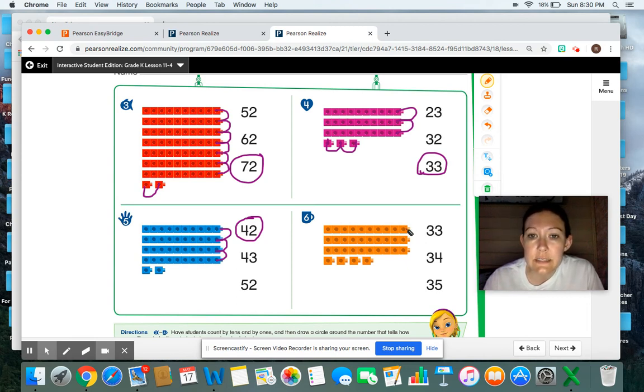So since this is a group of 10, then we can just count by tens because it's faster. 10, 20, 30. Now this is not a group of 10, so we can't count by tens anymore. We were at 30, and what's the number that comes after 30? 31, 32, 33, 34. So circle the number 34.